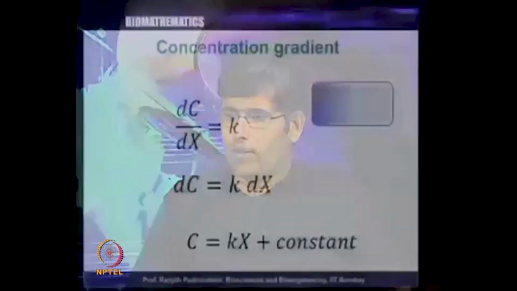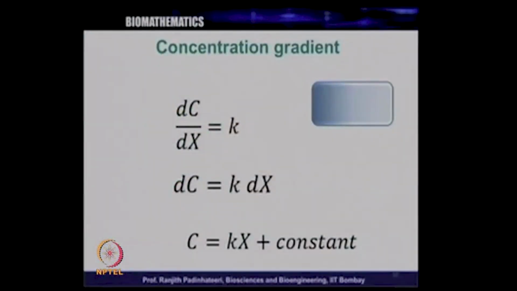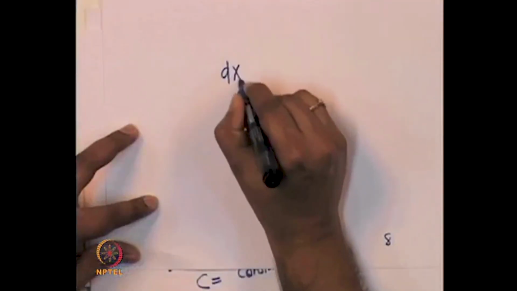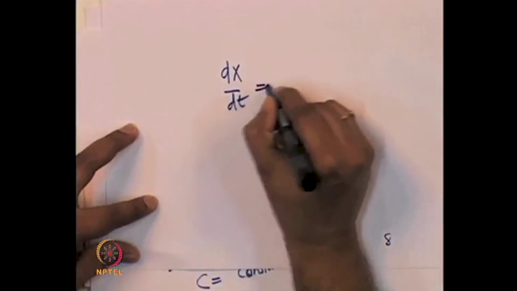Before discussing this, we should understand one thing about differential equations. There is something called a second order differential equation. What we have discussed so far is called the first order differential equation. Let me say what I mean by first order differential equation once more. We said things of the form dx by dt is something.